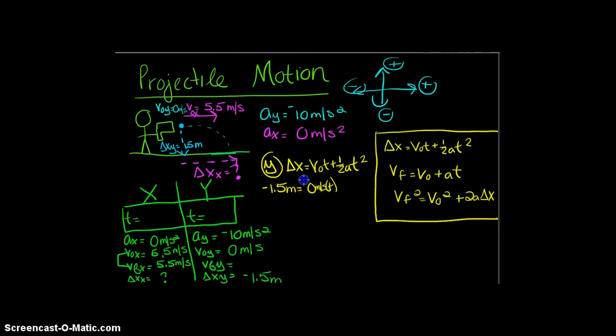This 0 meters per second times time, anything times 0 is 0, so that's basically going to go away. I have my one-half over here, times t squared. So I end up with 1/2 times negative 10 is negative 5 meters per second squared times t squared. I'm going to divide both sides by negative 5 meters per second squared.